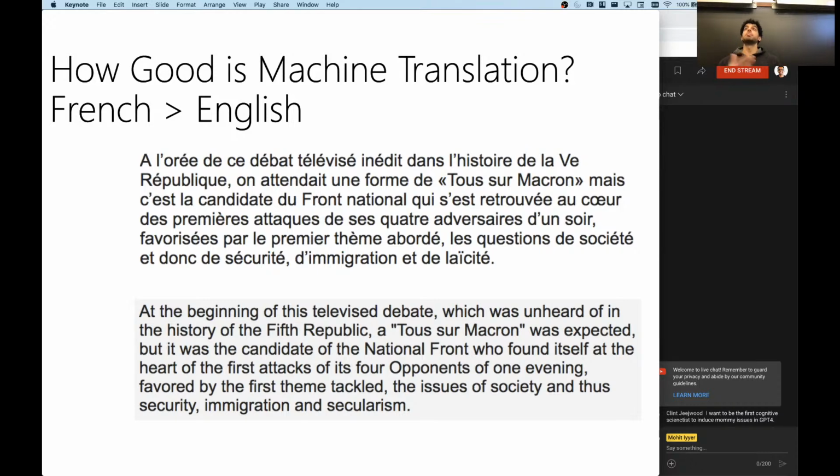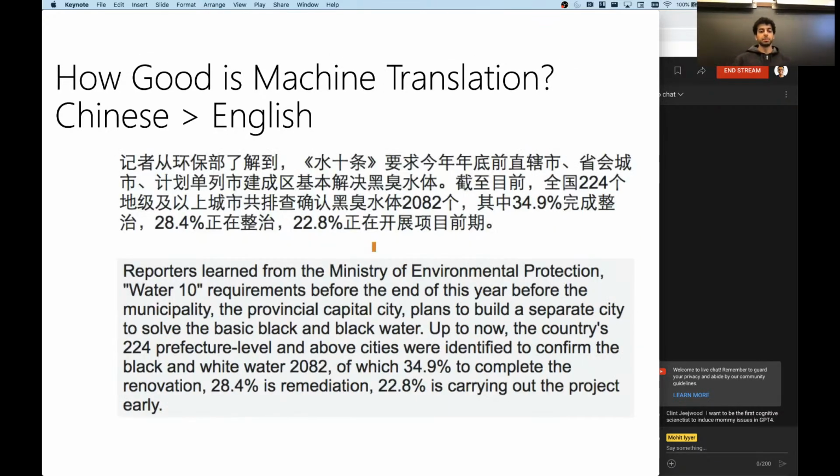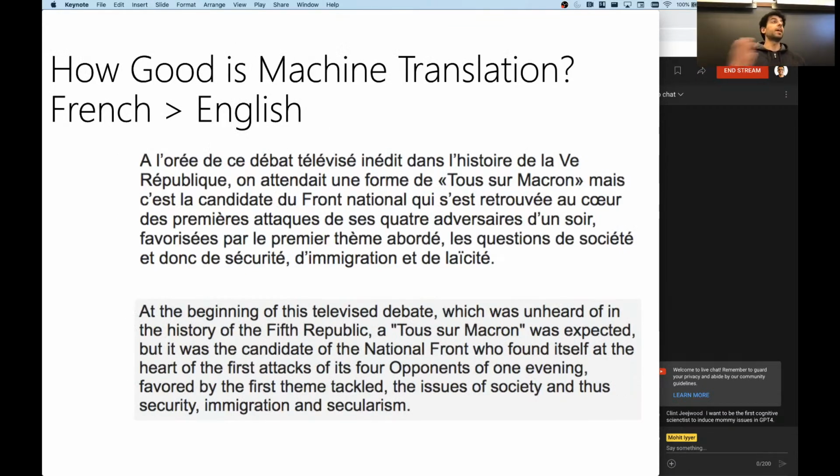However, for some language pairs, the translation quality is very good. So you have this setting where, for example, for Chinese or Japanese to English even the state-of-the-art MT systems make a lot of errors. But for French to English, it is actually quite hard to spot errors that are made in the translations. This is for a number of reasons.